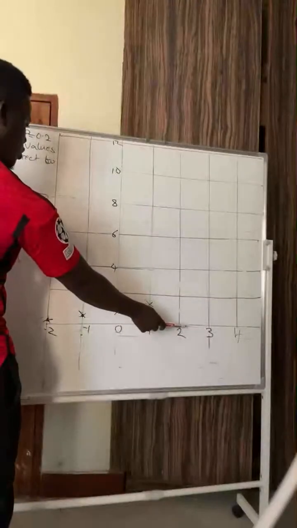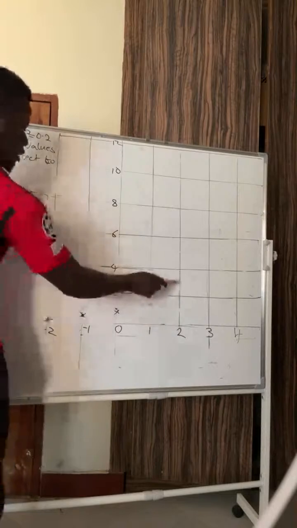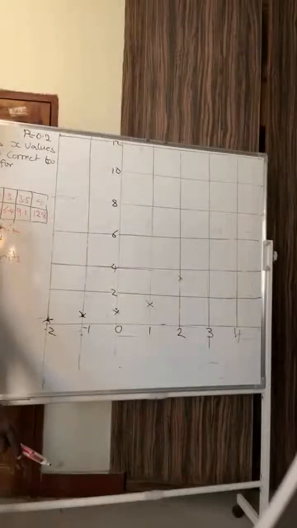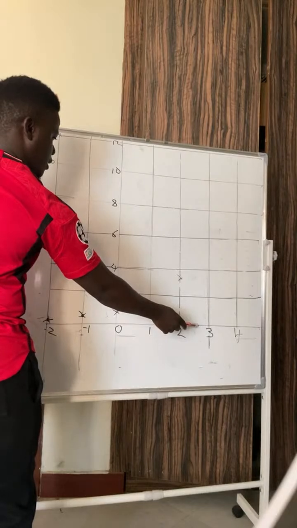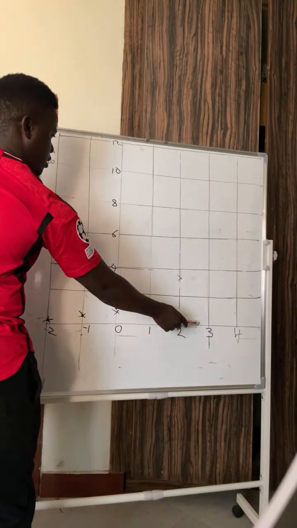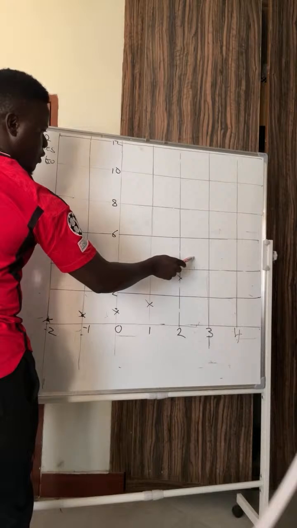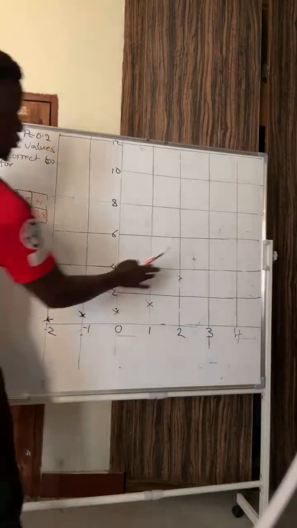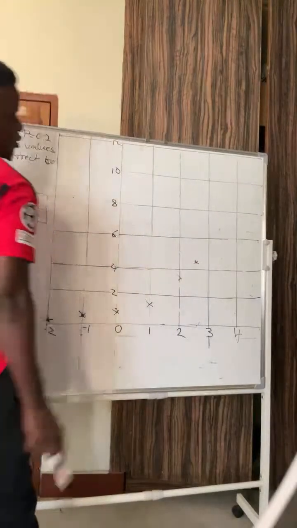Then 2, 3.2 should be here. Then 2.5, 4.5. 2.5 is in the middle here, so 4.5 is somewhere here.